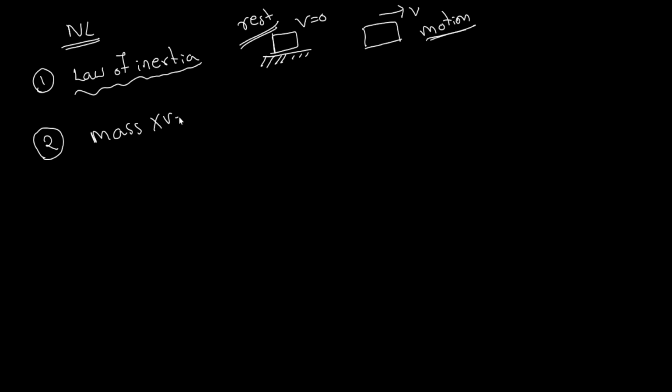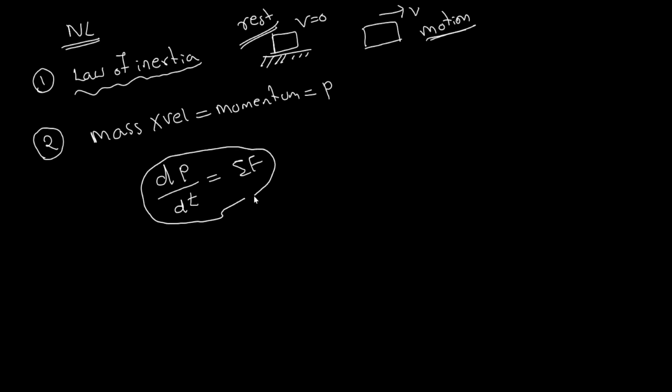Rate means the rate of change with respect to time. Suppose this momentum is represented with p. The second law says the rate of change of momentum with respect to time is nothing but the external, net force. So this is the statement of Newton's second law.